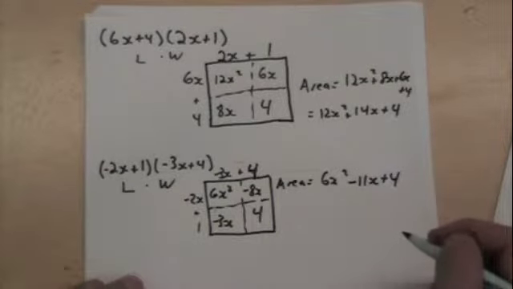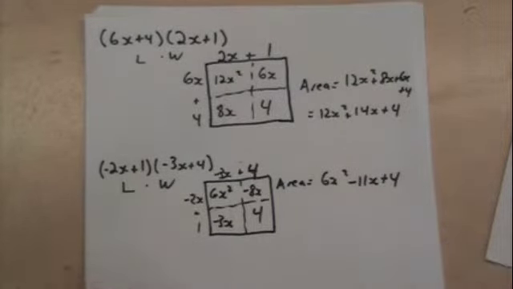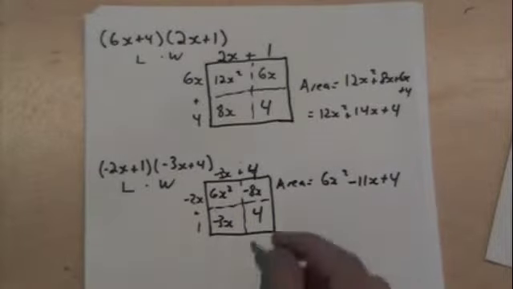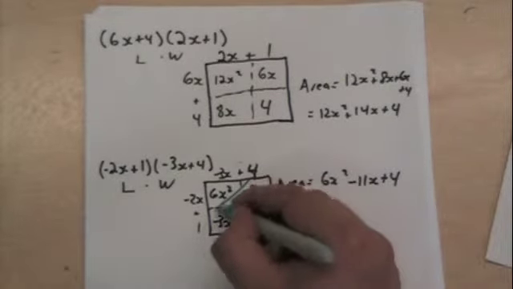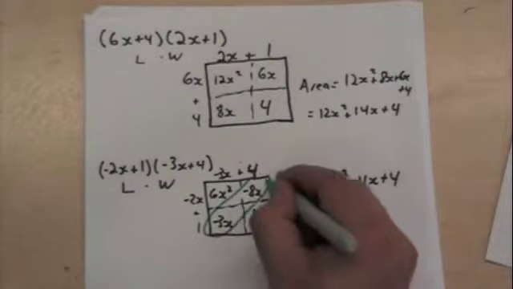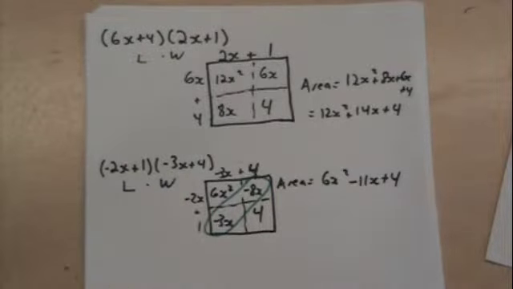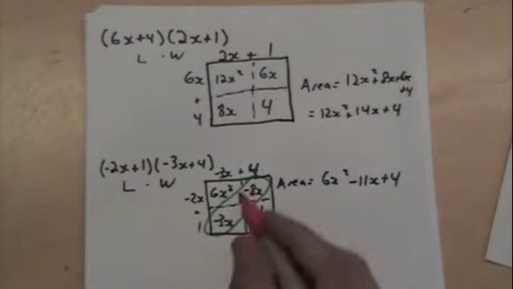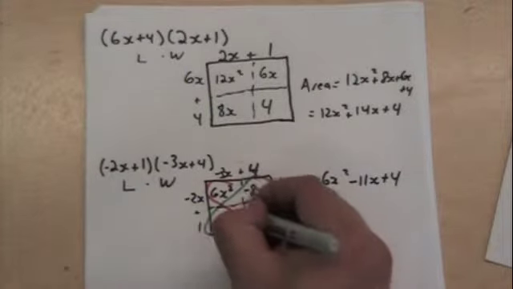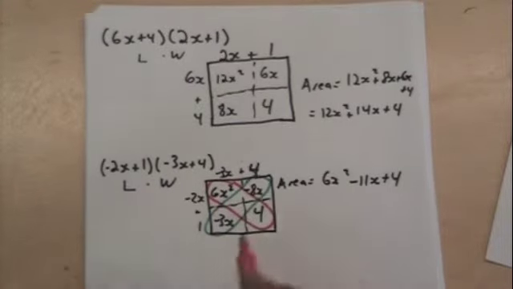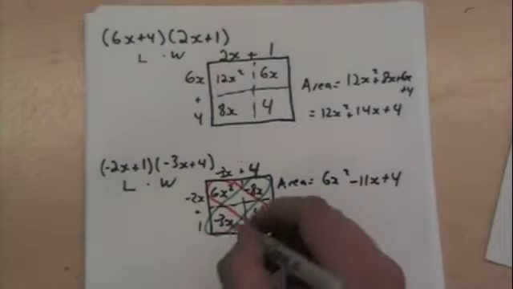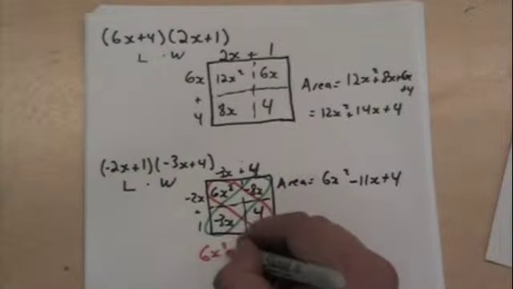That's easy, but that's not what I wanted you to notice. What I want you to notice is, if we look at these two things right here, what happens when we look at the product of that and compare it to the product of that? So we have here 6x squared times 4.